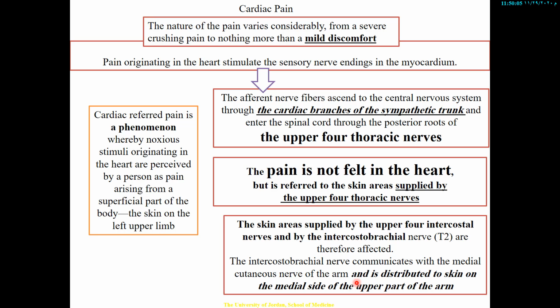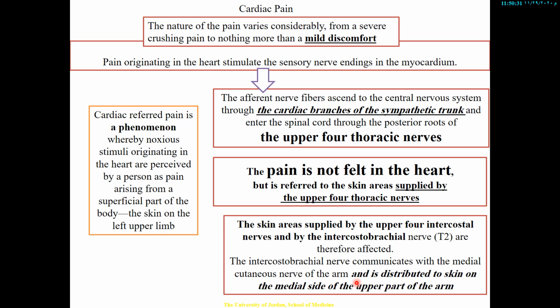Why? Because obviously the afferent signals coming from the heart and from the intercostobrachial nerve are going to the same segments, and therefore the patient may think that the pain is coming from the medial side of the arm.